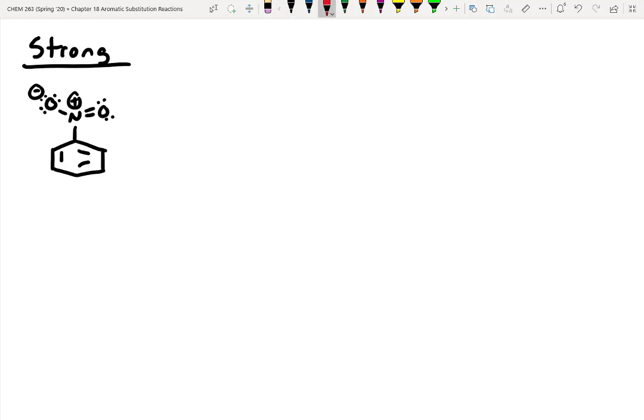However, what we could do is pull electron density out, right? So when we look at this entire group, one defining characteristic is it pulls electron density out via resonance. So a nitro group is considered a really strong deactivator.